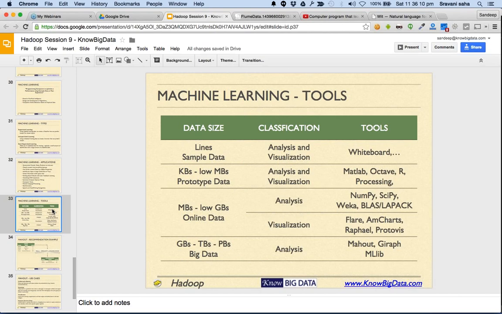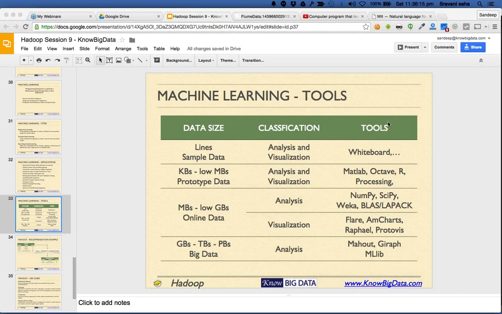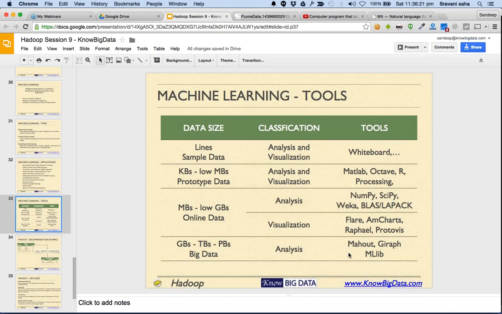All right. When it comes to various tools in case of machine learning, these are the wide variety of the tools. There are many more tools, but I'll try to keep it very simple. So when you have a few lines of data, the easiest machine learning was the prediction of the next number by plotting the graph, right?